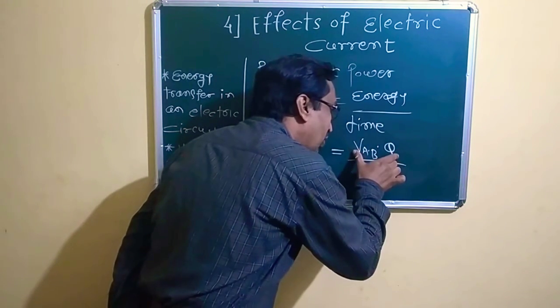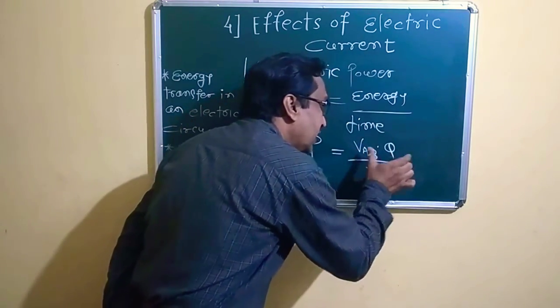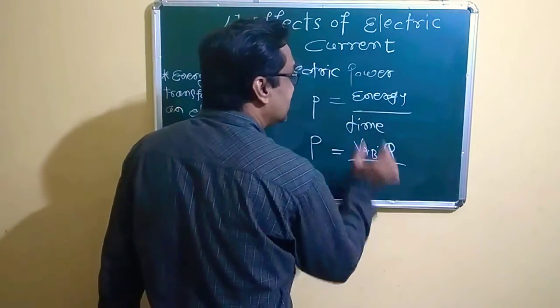The total work done, the total energy, is VAB into Q upon the time T.